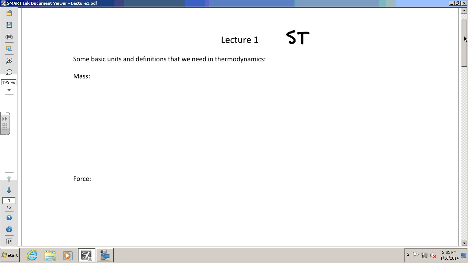We're going to have to work with SI, or the metric system, and of course we're going to have to work with the English system. And unfortunately, we have to be able to go back and forth anytime. I could give you two problems in a row in metric, and then boom, the third problem's in English. You're doing the same thing, but all the data you're looking up is different because it's going to be in different units.